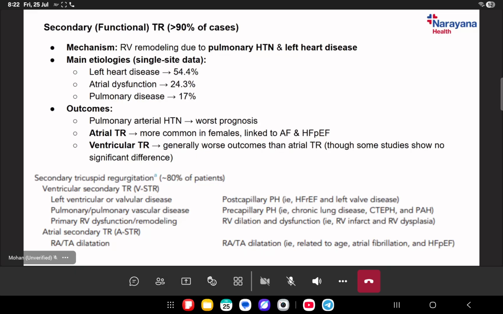So people started using braided sutures like Ethibond, so that it gets incorporated into the leaflet tissue or the annulus and becomes rigid. The second modification was, instead of one single suture going all the way around, they started using two sutures, so that even if one gives way, the other is holding. These are various modifications that came about with De Vega.